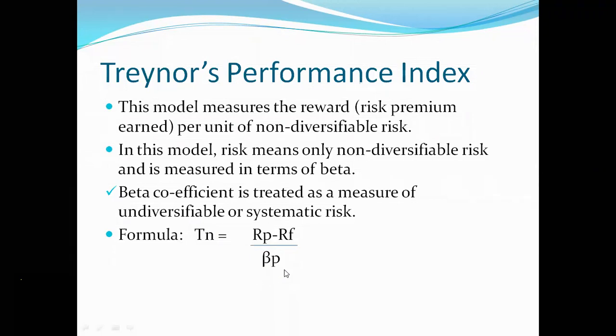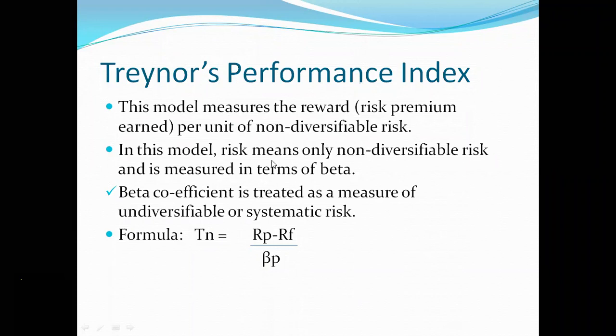So what is the important difference between Sharpe's performance index and that of Treynor? Treynor is making use of only non-diversifiable risk. So Treynor feels that only non-diversifiable risk is relevant, that should be taken into consideration to reward towards the risk premium. But in case of Sharpe, they consider non-diversifiable as well as the diversifiable risk.